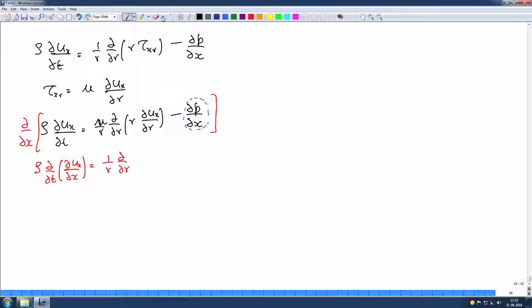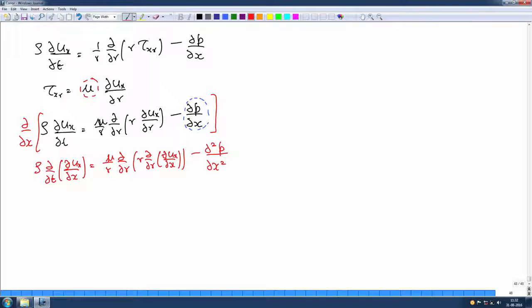The viscosity comes out of the viscosity in this equation for the stress. Just taking the derivative and then interchanging the order of differentiation, this is what I get.